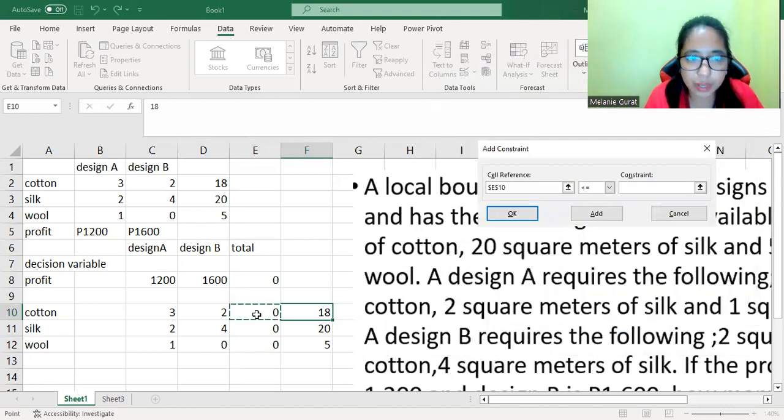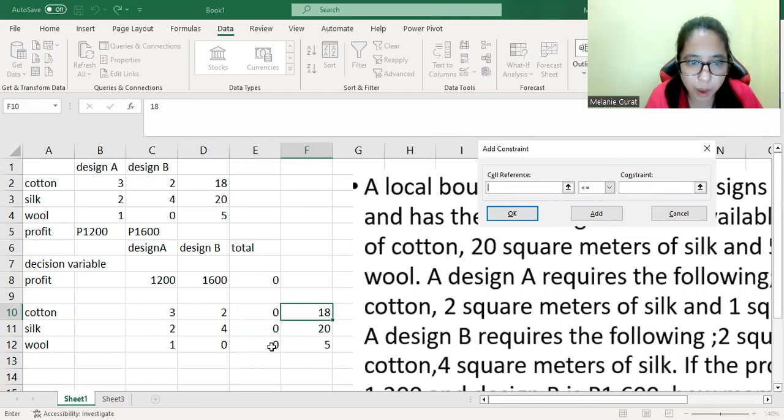This includes the formula for the amount of cotton that will be used, less than or equal to 18. Add the formula for the amount of silk used, less than or equal to the number available.